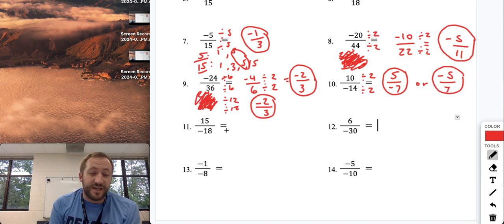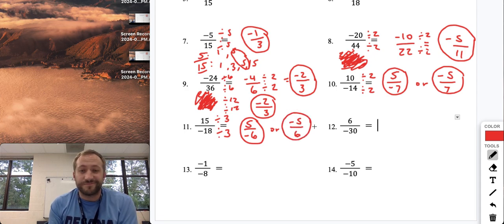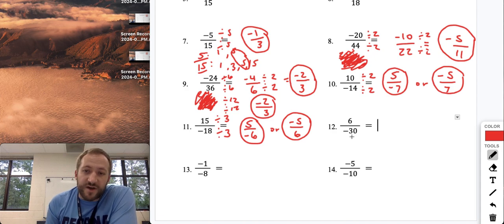This one down here, 15 and negative 18, they're both divisible by, I think, 3. Let's see, 15 divided by 3 gives me 5. Negative 18 divided by 3 gives me negative 6. There we go. Or you could move that negative up to the numerator, which is always kind of what I'm going to do. This one over here, 6 over negative 30.